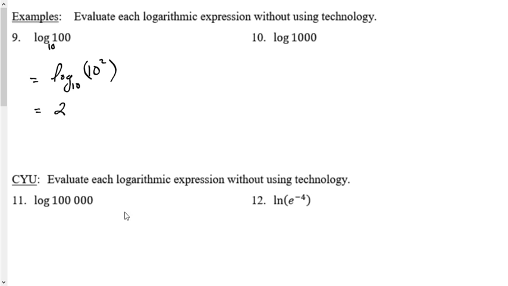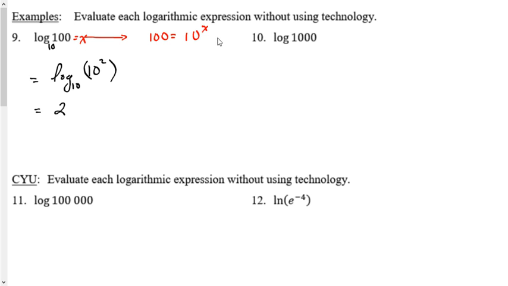Let me think of this in a slightly different way, more similar to what we just did. Suppose I said this is equal to x. Let's rewrite this in exponential form. The logarithm says if I was to rewrite 100 as a power where the base is 10, the logarithm tells me the exponent is x.